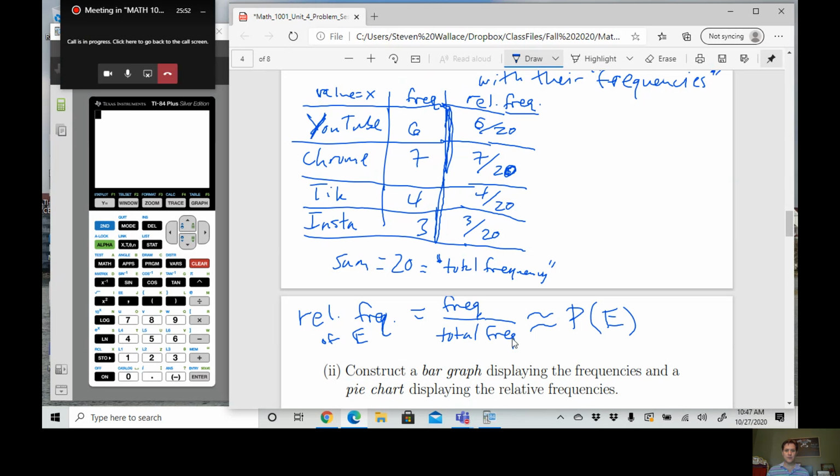As the sample size goes up and up and up, the experimental relative frequency gets closer and closer to the theoretical probability. That's called the law of large numbers.